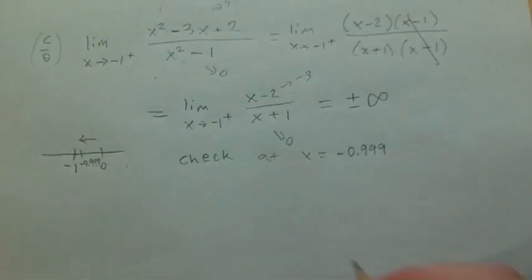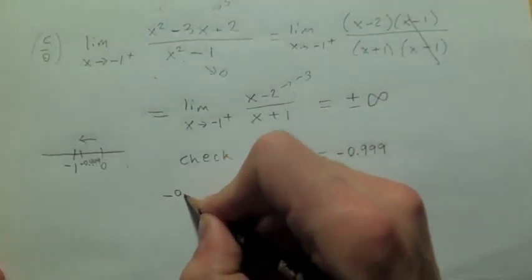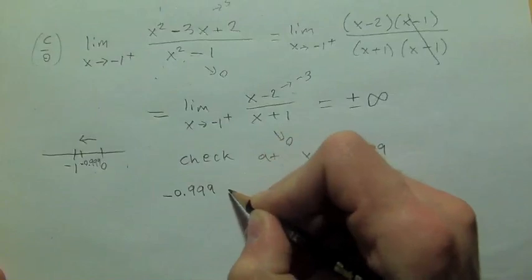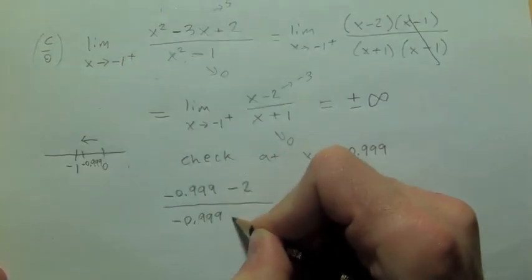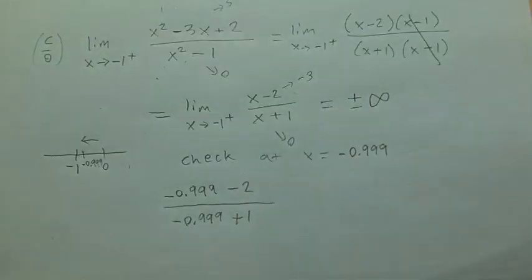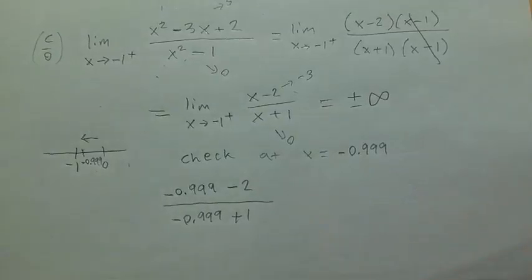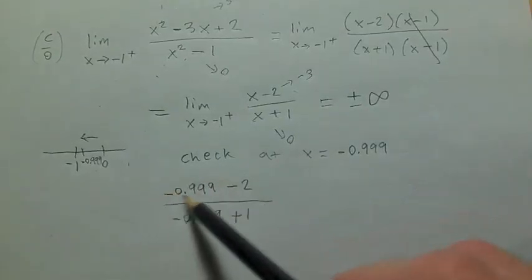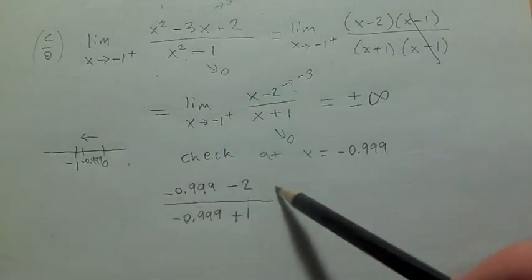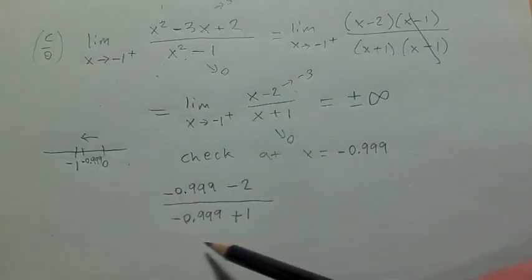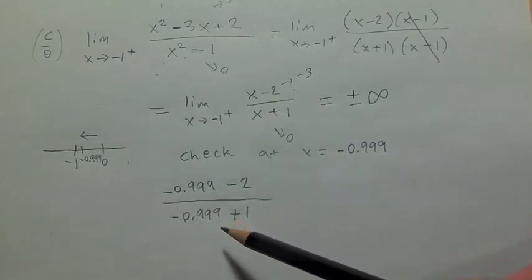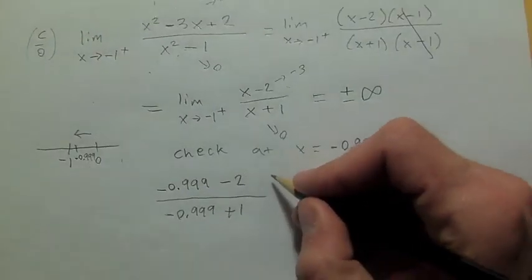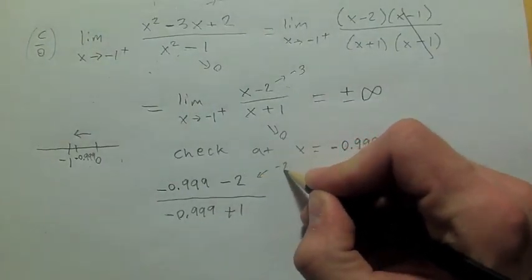Hopefully that's close enough, but say negative 0.999 minus 2 over negative 0.999 plus 1. And you can probably just see from here exactly what's going to happen, because this is going to be negative. Right, this will be negative 2.999. And this is going to be positive because I have 1 and I'm subtracting 0.999. Right? So this is negative 2.